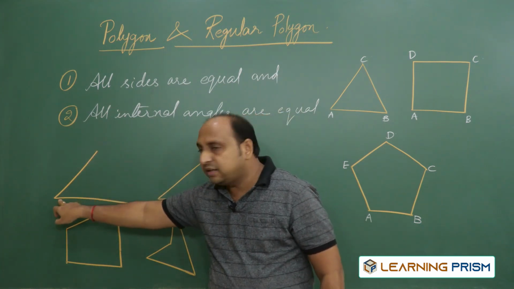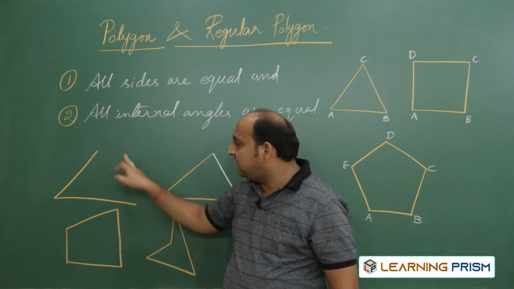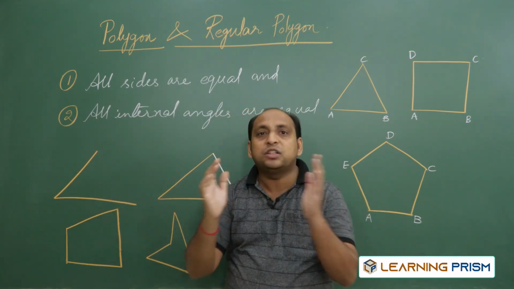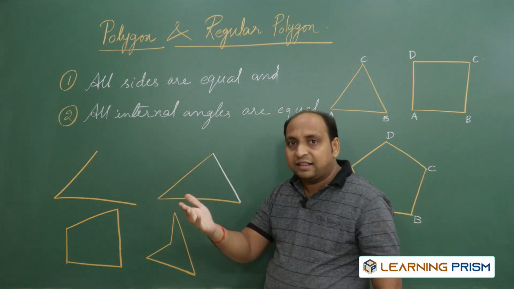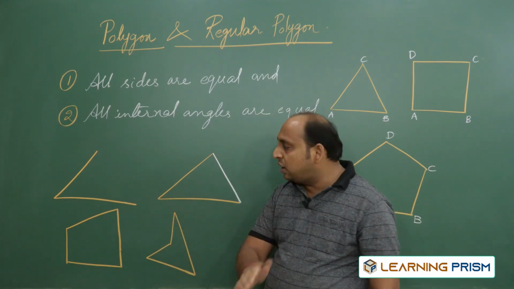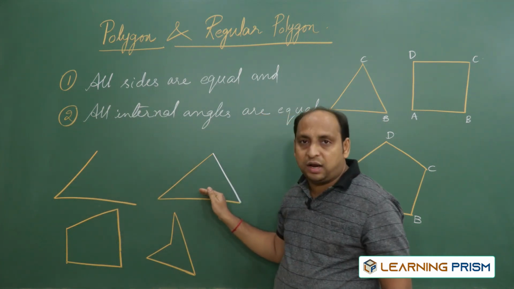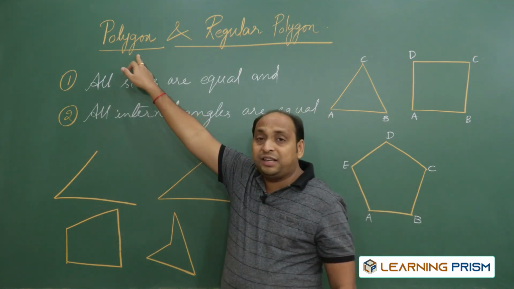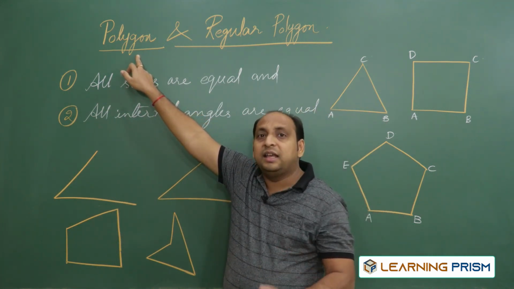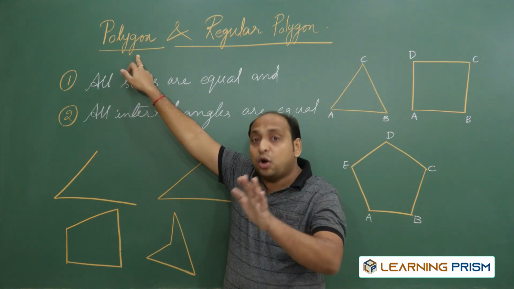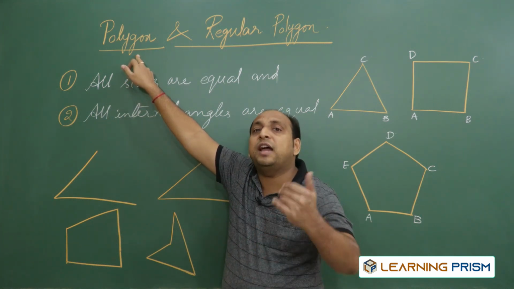Only when I add the third side does this figure become closed. So what is a polygon? A polygon is a two-dimensional closed figure having more than two sides.